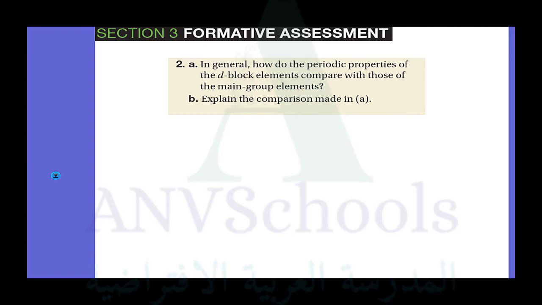To begin with, 2a, they vary less and with less regularity than main group elements do.